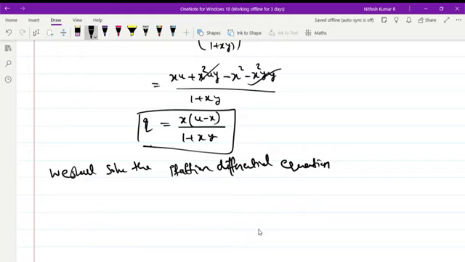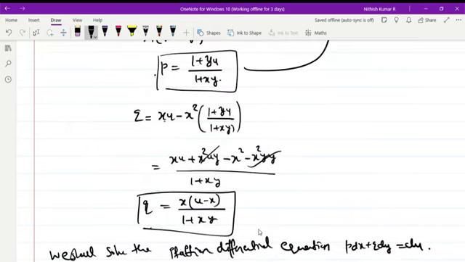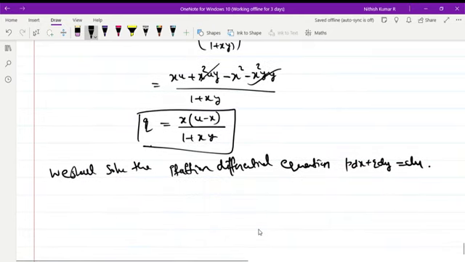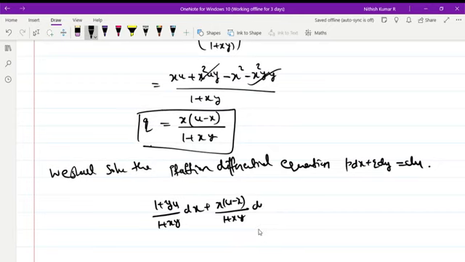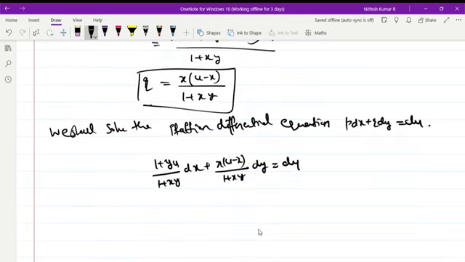Substituting p, we get x into u plus x square u y minus x square y u over 1 plus xy. These two terms cancel, so we have q equal to xu minus x divided by 1 plus xy.